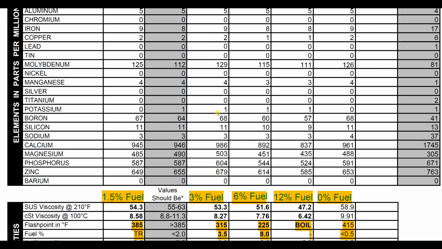The only thing is that this sample that had 3% in it must have been done by a different analyst or something, because everything in this one is higher than the 6, and also higher than the 6% fuel, and also higher than the 1% fuel. But it's within, I would say, within tolerance. But the point remains is that the additive package can be affected by fuel dilution. However, it appears that the additive package is quite robust. So with that said, I just wanted to show you that.